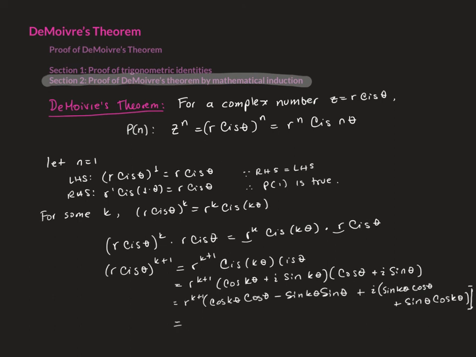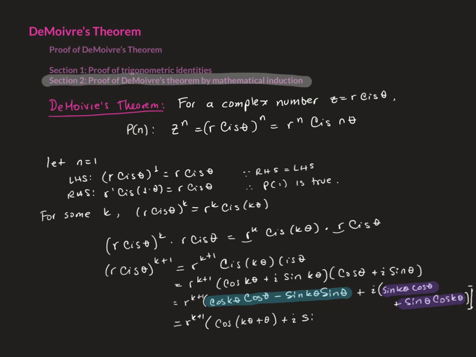Now if we look at this, cosine k theta cosine theta minus sine k theta sine theta looks like a cosine of k theta plus theta. So this is cosine of k theta plus theta plus i, and sine k theta cosine theta plus sine theta cosine k theta is sine of k theta plus theta.